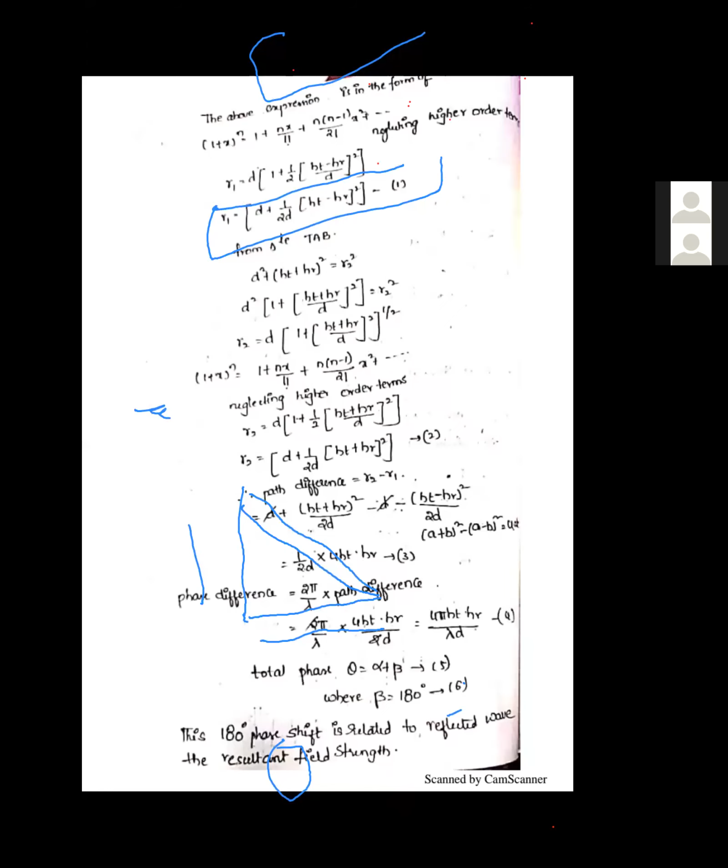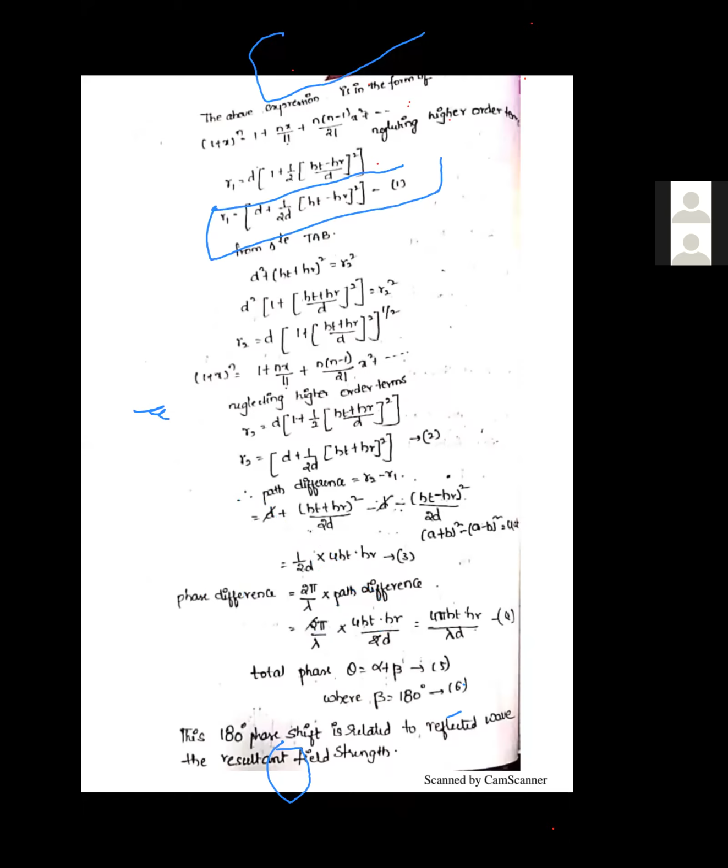From triangle TAB, if I put the hypotenuse theorem here, I will get side square plus side square is equal to hypotenuse square. One side square is (HT plus HR) whole square, plus D square is equal to hypotenuse square, that is R2 square. Similarly, I have written it here. From triangle TAB, D square plus (HT plus HR) whole square is equal to R2 square.